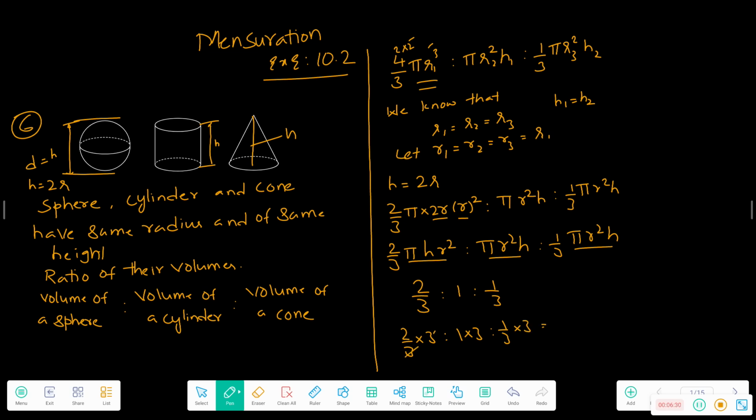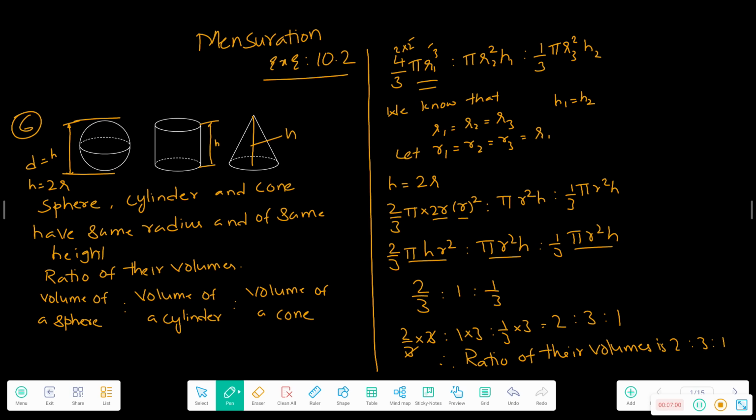The 3s cancel, so 2 is to 3 is to 1. Therefore the ratio of their volumes is 2 is to 3 is to 1. Right, children?